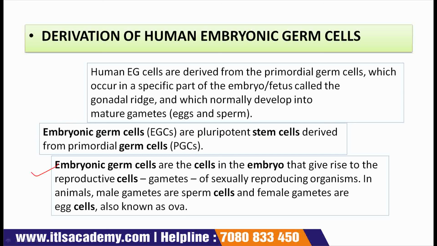Embryonic germ cells are the cells in the embryo that give rise to the reproductive cells, that is, gametes, of sexually reproducing organisms. In animals, male gametes are sperm cells and female gametes are egg cells, also known as ova.